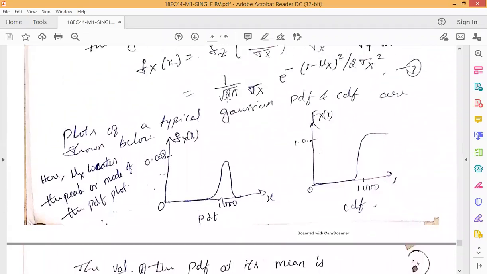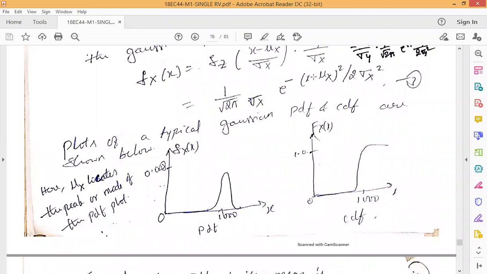Whenever you assume x becomes mu x, then x minus mu x becomes 0, and e to the power 0 is 1. So at that time only you will get the PDF value as maximum. You need to mention this point also. The PDF of the Gaussian random variable with the given transformation has its peak value about its mean value.